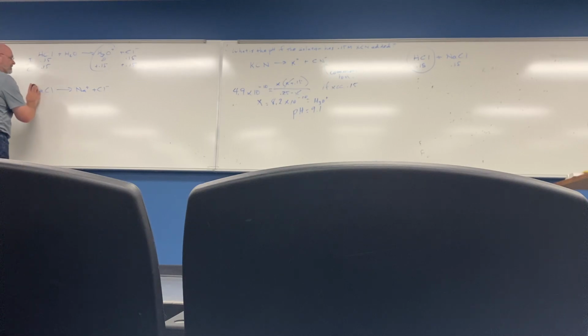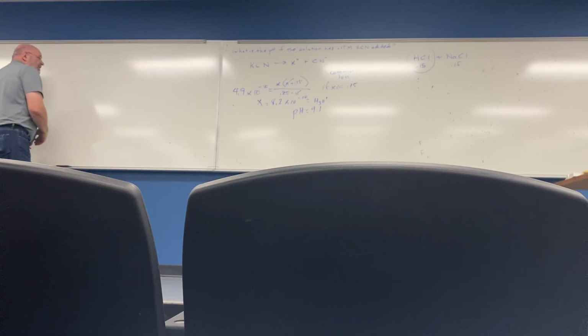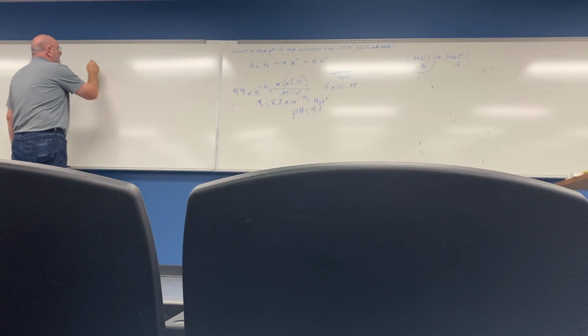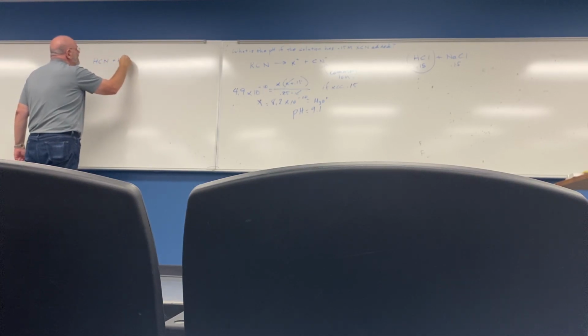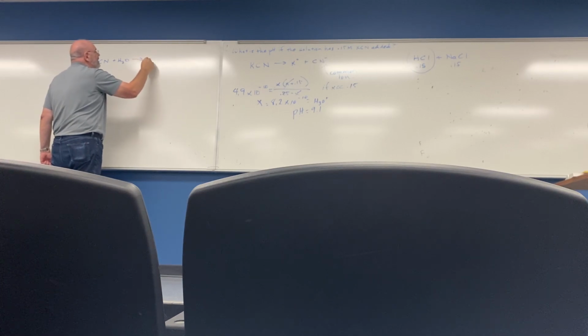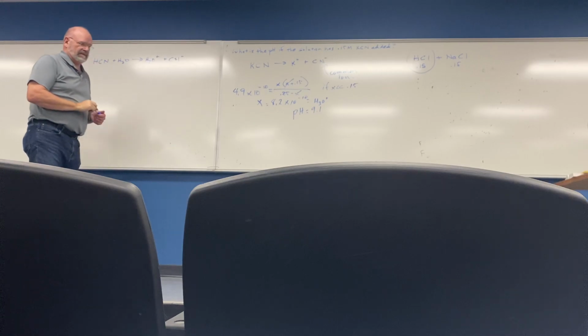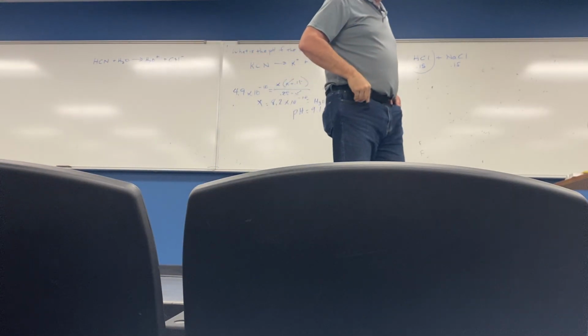All right. Let's go back to HCN. Now that has a K of 4.9 times 10 to the minus 10th.